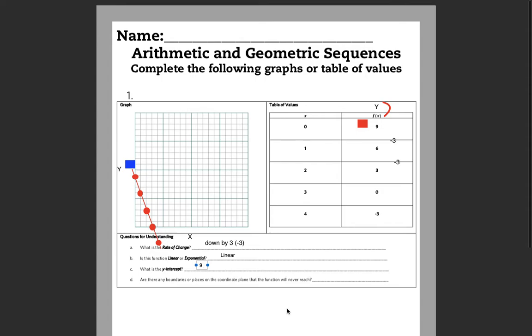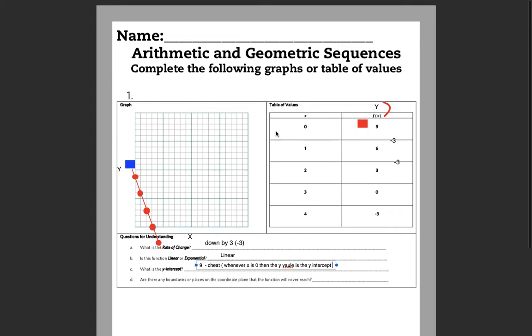Now a little cheat, if you want to find this before you make the graph: whenever x is 0, then the y value is the y-intercept.